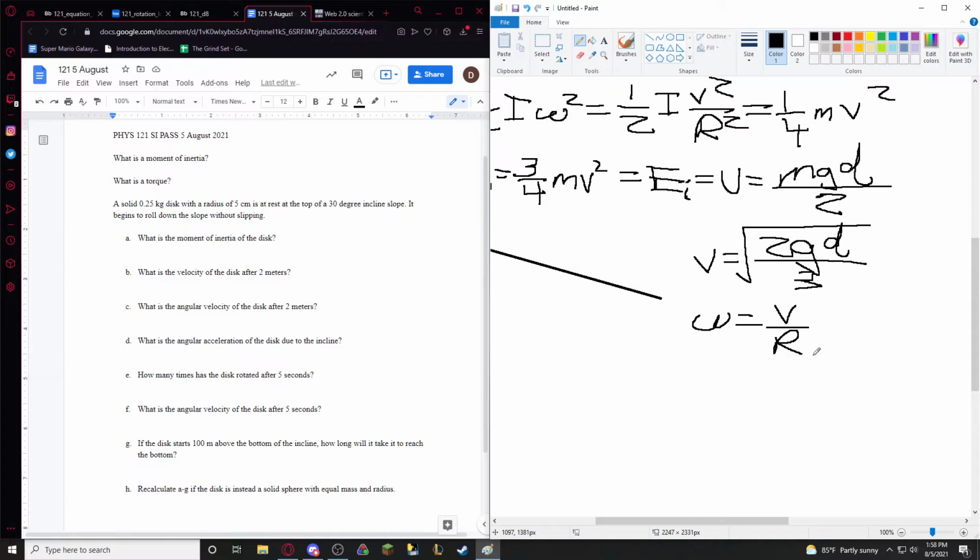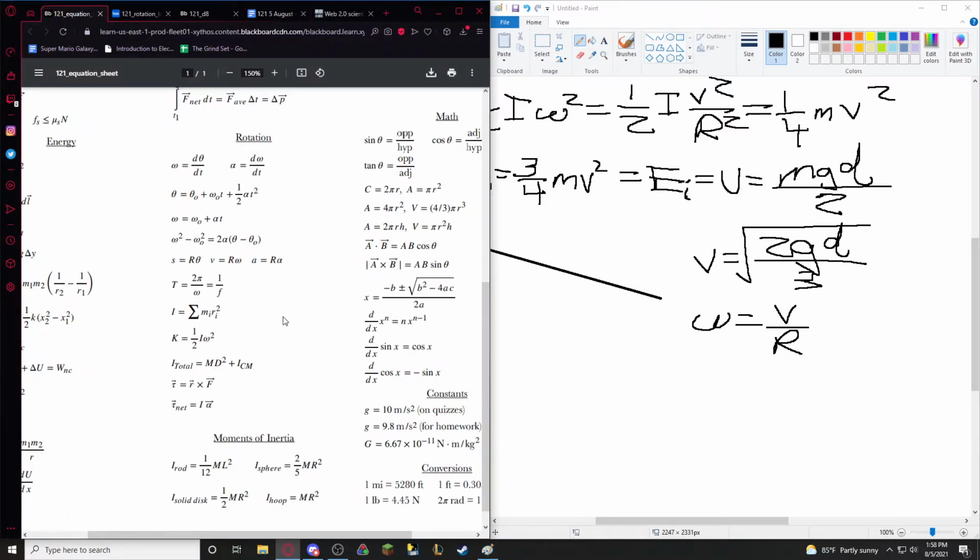So then how would we find the angular acceleration of the disk due to the incline? Angular acceleration. This is where we could actually start using the kinematic equations. So we could use the final... Oh wait, we don't have a time.